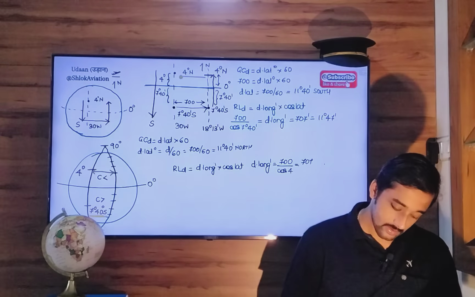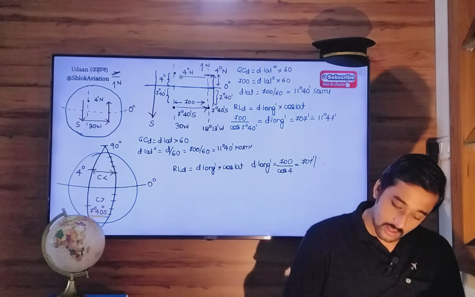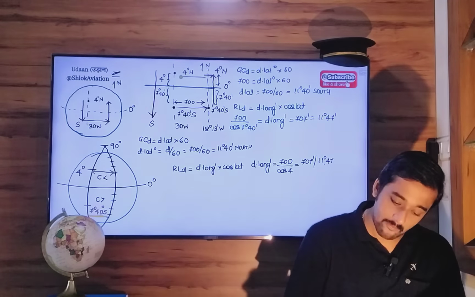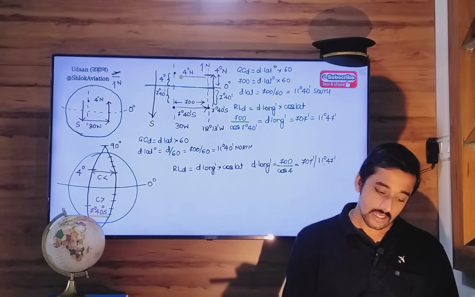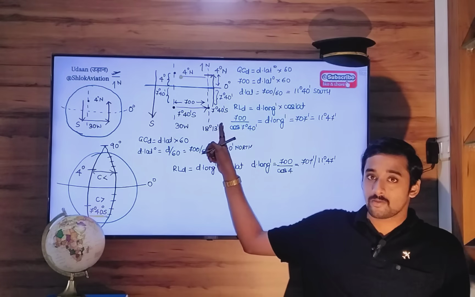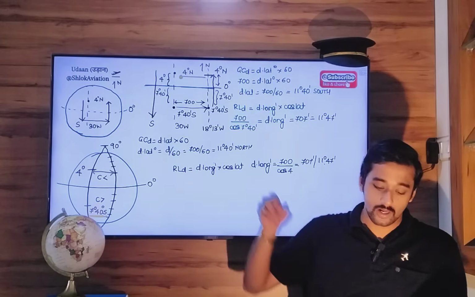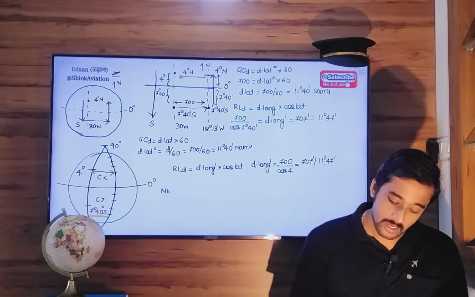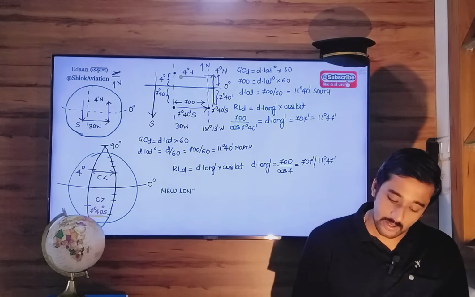11 degree 47 minutes. So current longitude is 18 degree 13 minutes west. From this longitude, when you travel westwards, new longitude will be old longitude plus d long.